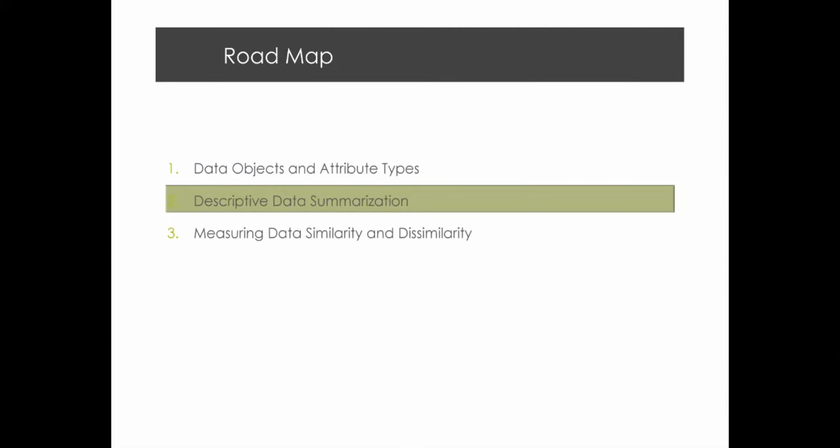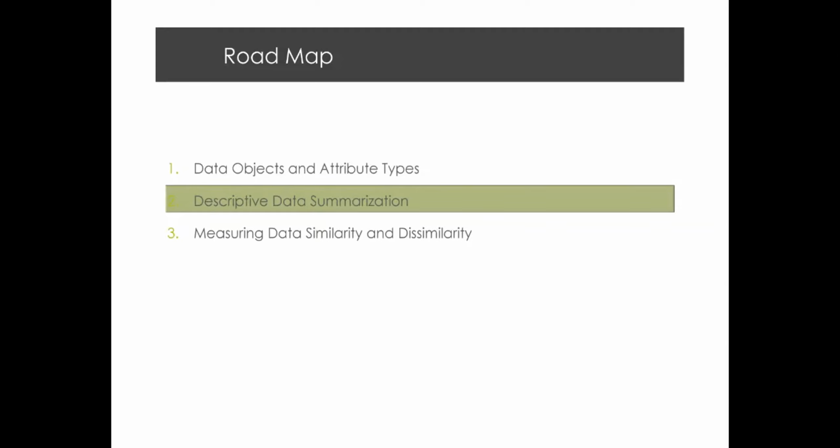The next one is the descriptive data, the data objects and attribute types.